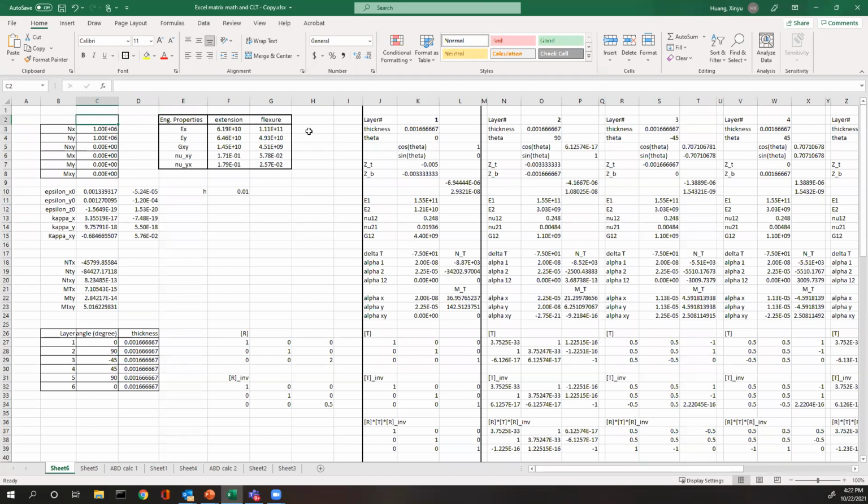This is a scaling factor, alpha. Let's call it L. 1E6 multiplied by this number.